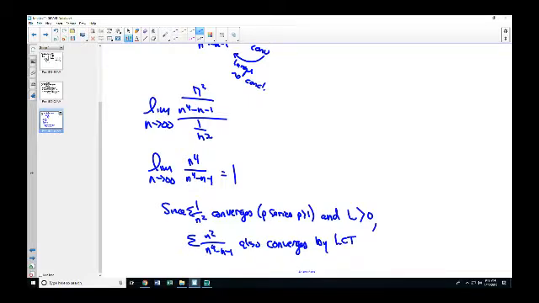So that's the basic gist of the limit comparison test.